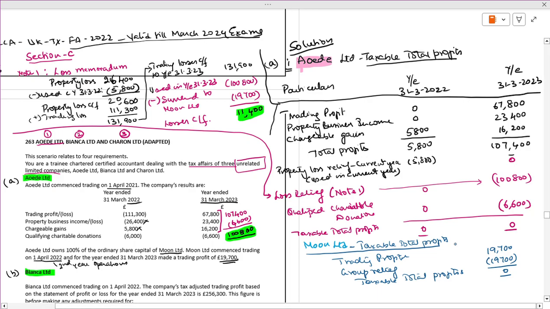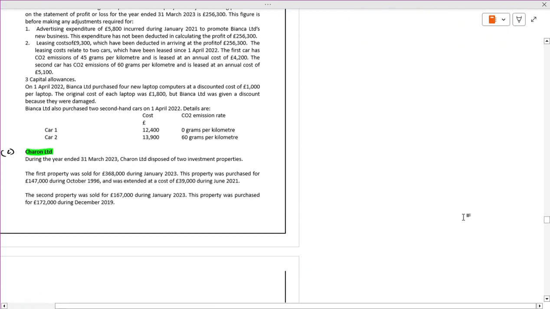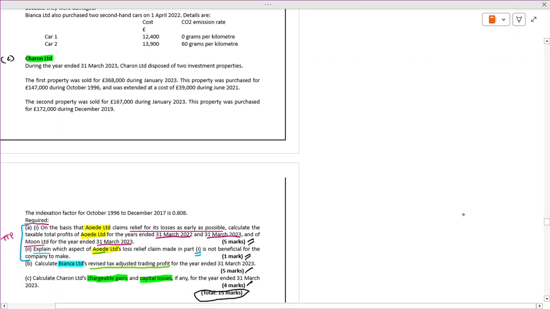Now, what we have to do is what they are asking. Okay, this is part 1. And what they are asking, see, this is very important. Explain which aspect of the Aoede Limited loss relief claim made in part 1 is not beneficial for the company to make.